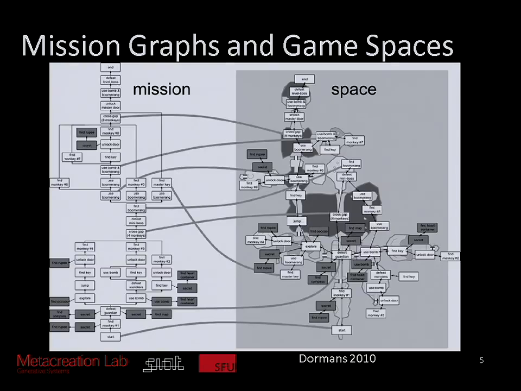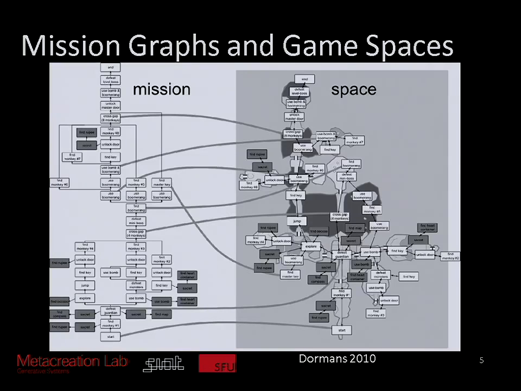Now, when designing by hand, a designer will alternate between these two concepts mentally, but without explicitly representing the missions. So they are thinking about what the player will be doing while they are drawing or sketching.